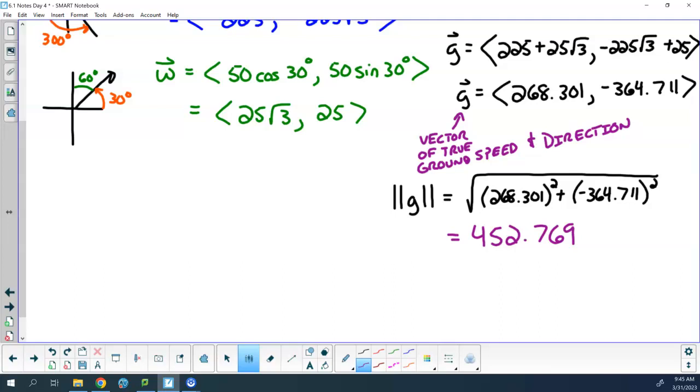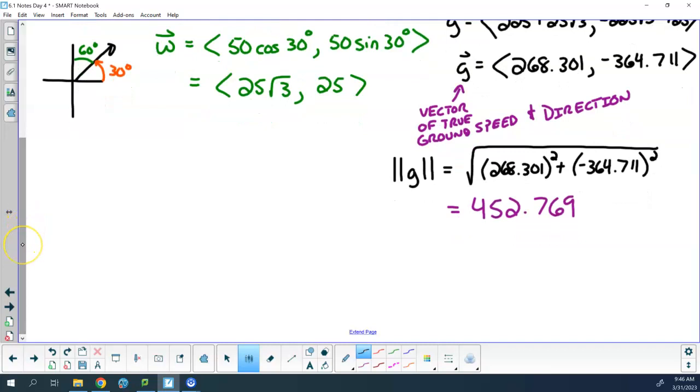How do I find the direction of the plane? Inverse tangent of? Y over x. Okay.